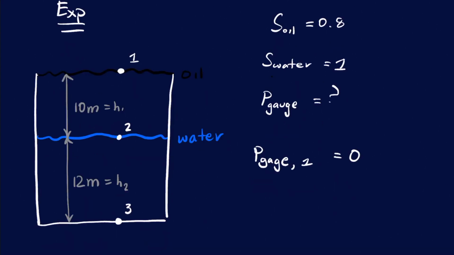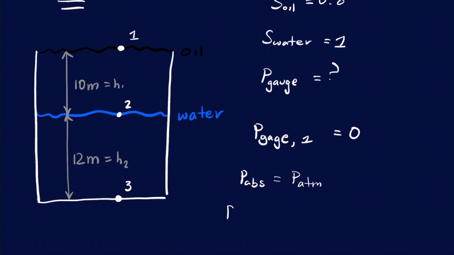At the top of the liquid, the absolute pressure is equal to the atmospheric pressure, and this is because it's just open to the atmosphere. The gauge pressure, if you remember from before, is just equal to the absolute pressure minus the atmospheric pressure. So the gauge pressure is 0.